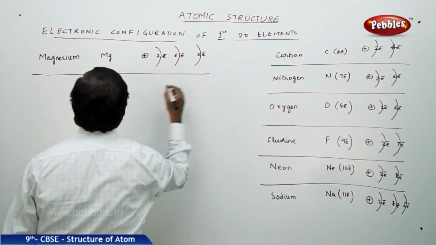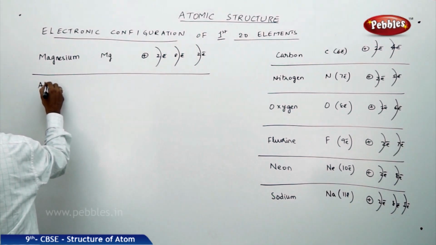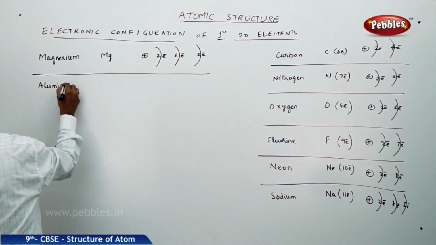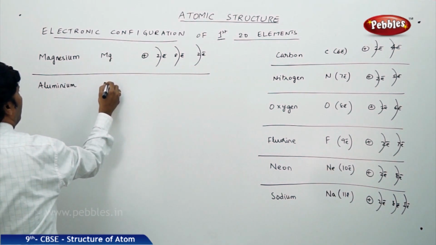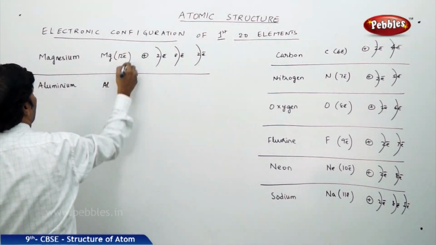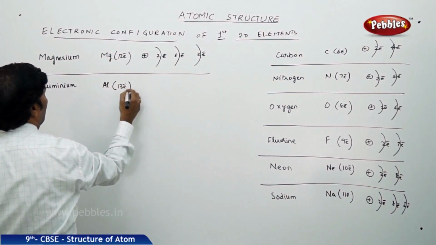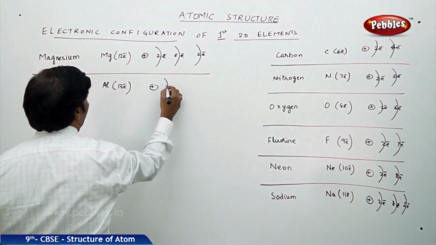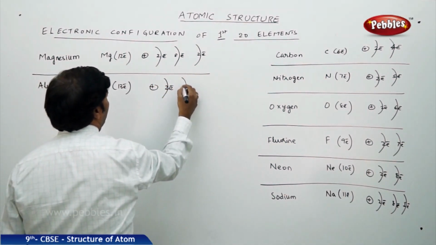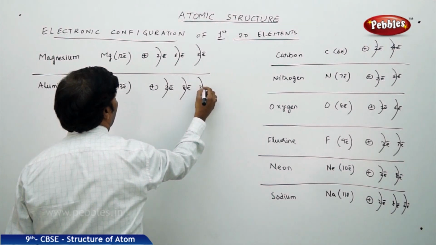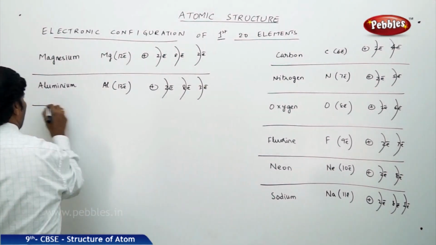This is for magnesium. Go for aluminium. After magnesium it is aluminium. Of course magnesium has 12 electrons, aluminium has 13 electrons. So nucleus, first shell 2 electrons, second shell 8 electrons and third shell 3 electrons.